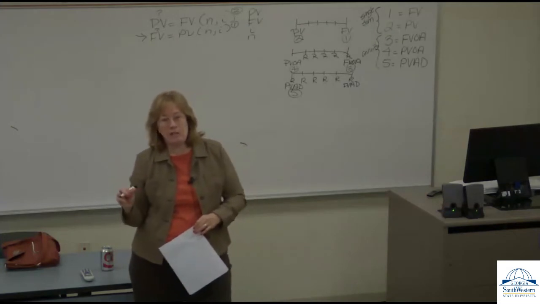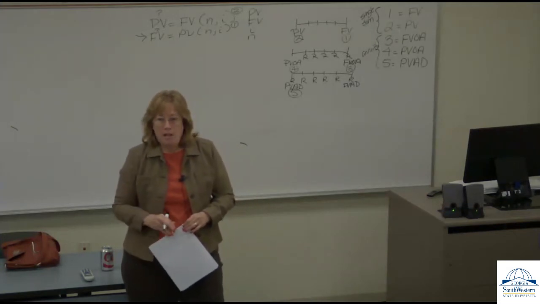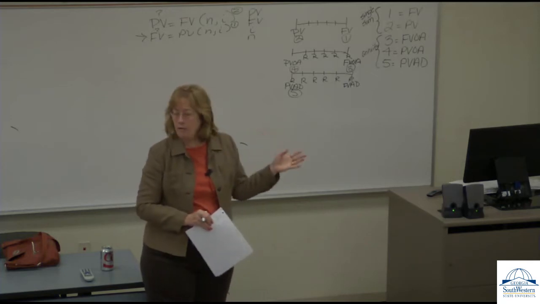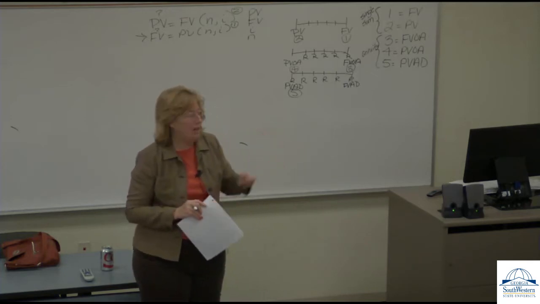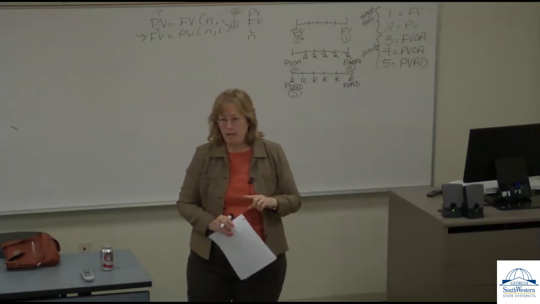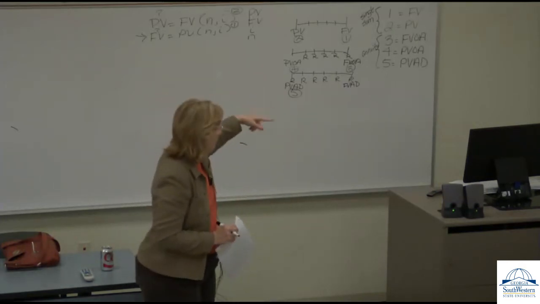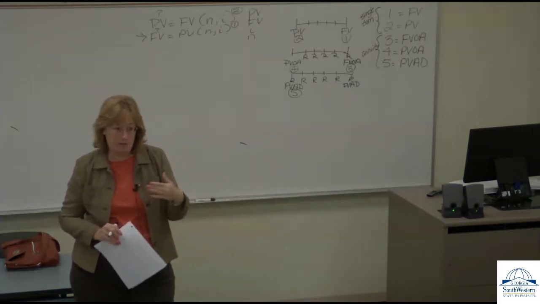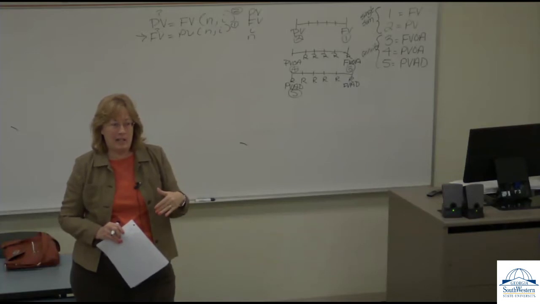There's 7 kinds of problems you have to know. These 6 right here, plus bonds, okay? So you have to know how to do these 6 problems plus a bond problem. And we're going to go over all of that today.